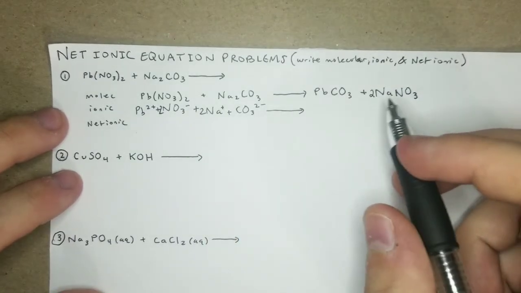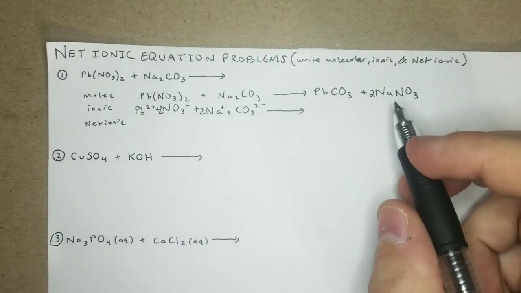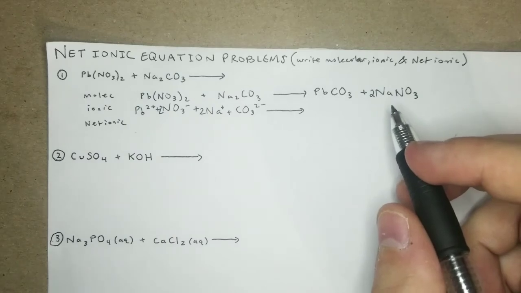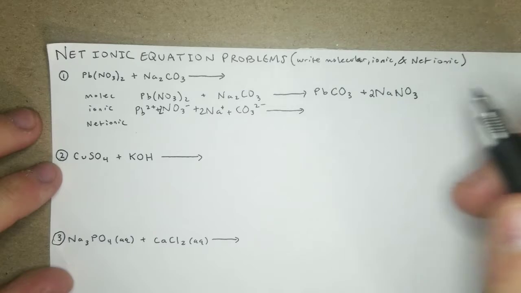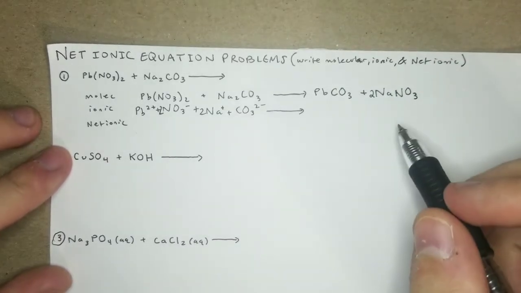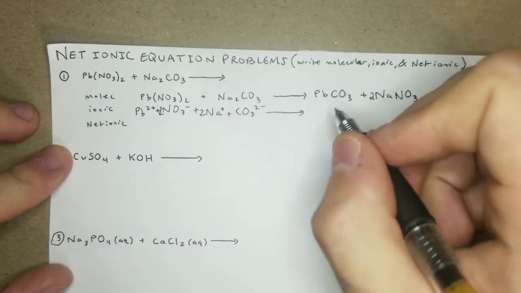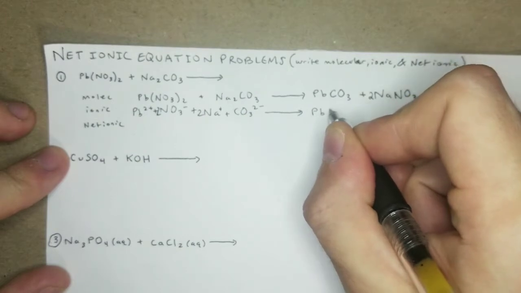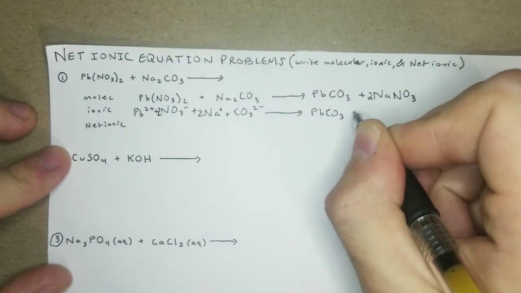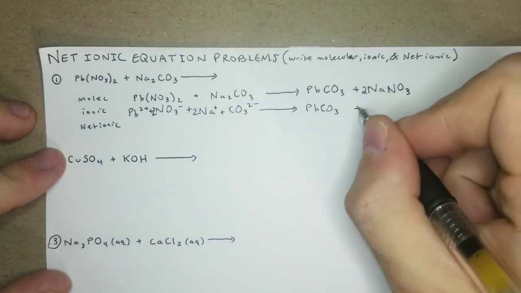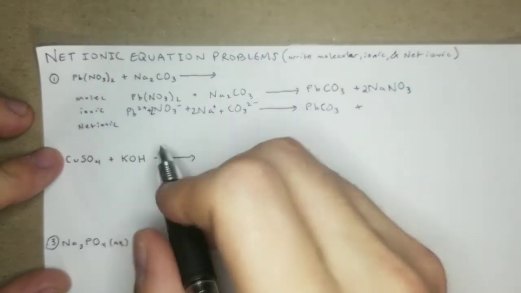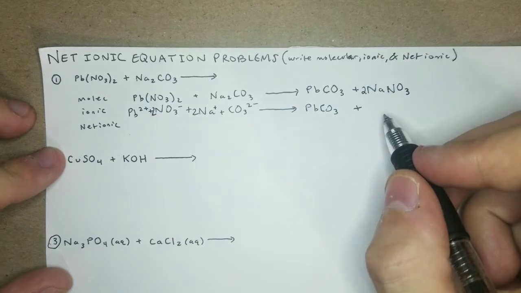Now the tricky part, I think, sometimes can be figuring out which is going to be the quote-unquote product and which is going to be dissociated in terms of the ionic formula. In this case, it's going to end up being the PbCO3 because that is going to be insoluble, assuming this is a solution. Sometimes they'll put the states of matter and everything.